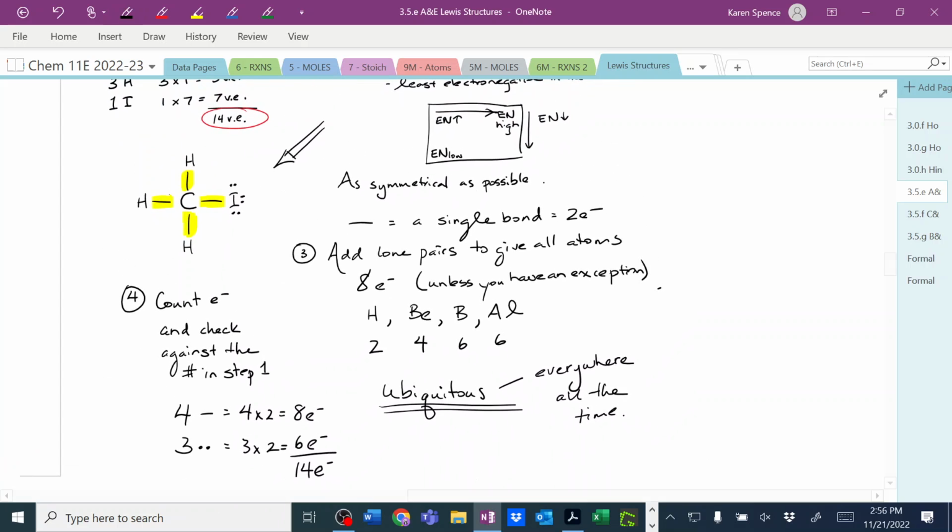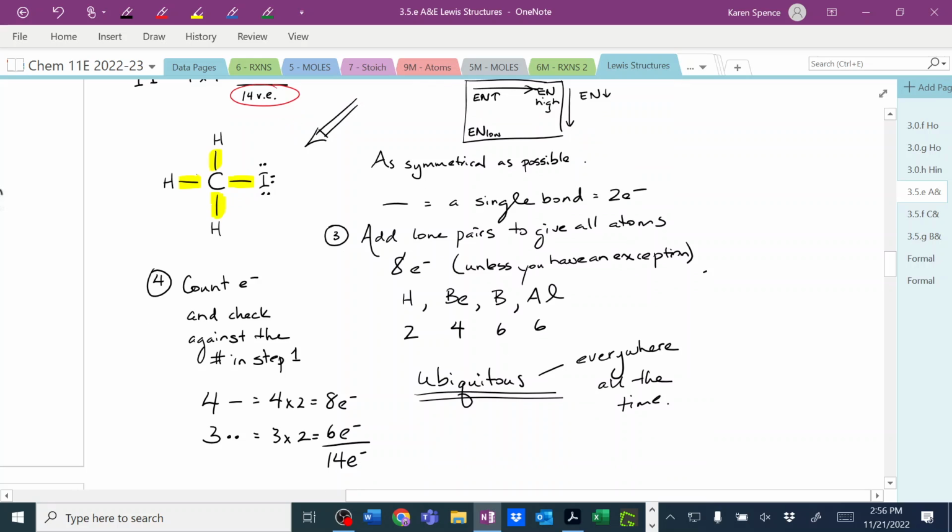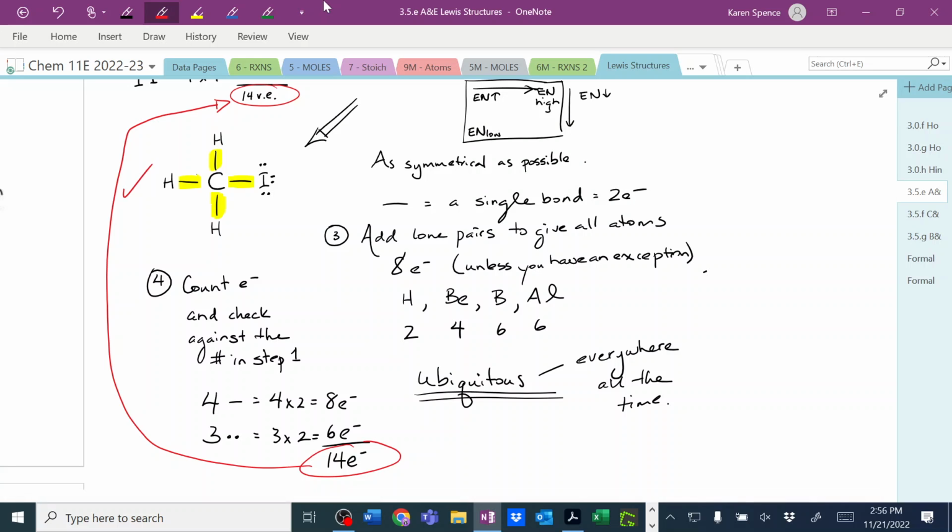And then we go and we say, does this match step 1? Yes. And if that's the case, and if it's not an ion, you are done.